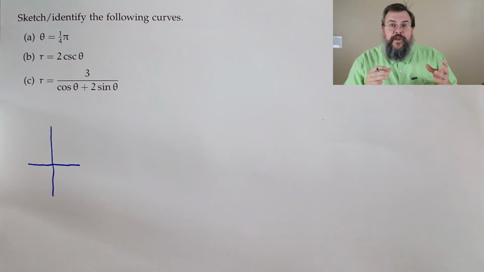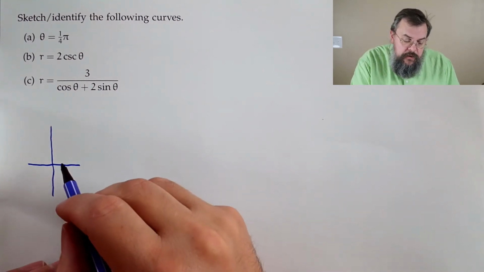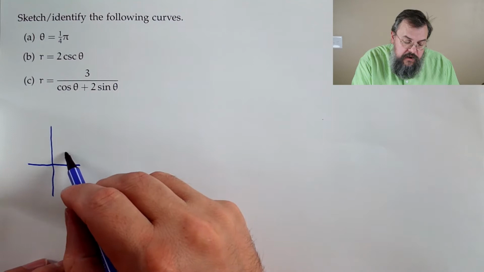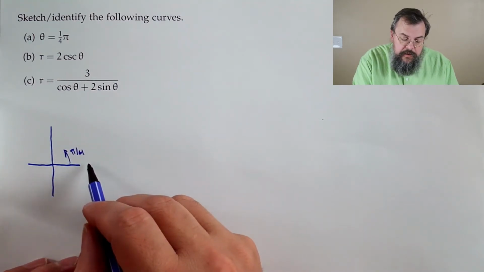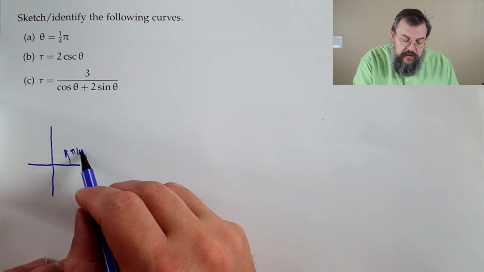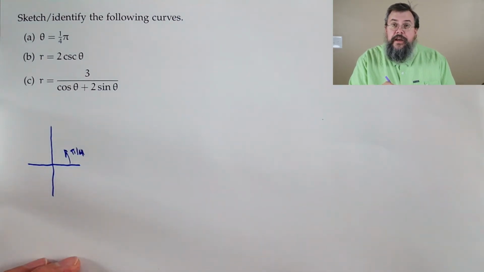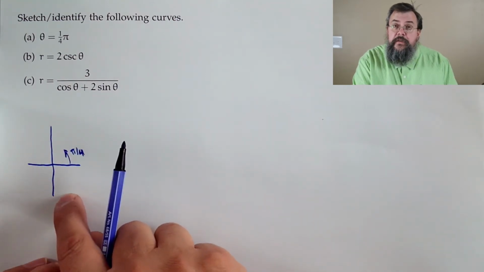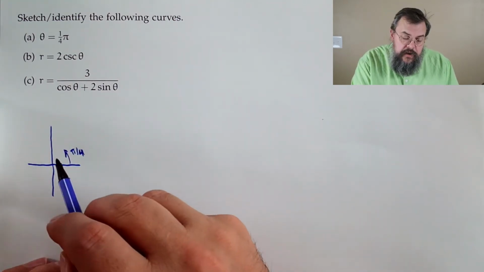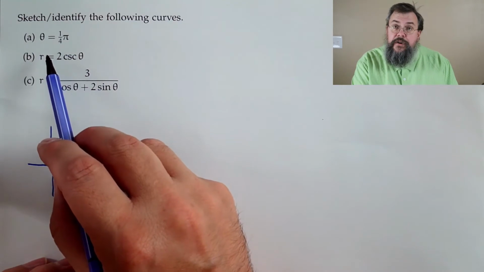What does theta equals pi fourths mean? It means you go an angle of pi fourths. You always start at theta equals 0, that's the positive x-axis, and then we rotate counterclockwise, so we go an angle of pi fourths. And now you say, well, how far out do you go?